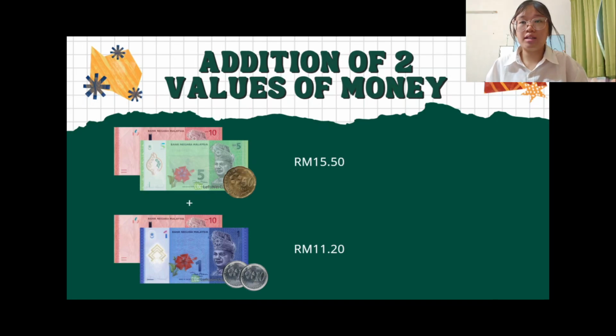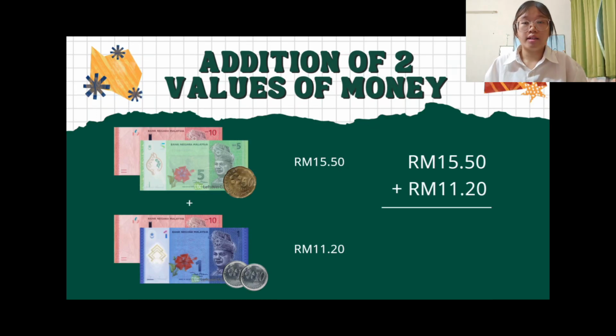So how can we sum them together? We write down RM15.50 first, and then write RM11.20, and we sum it from the right to the left.